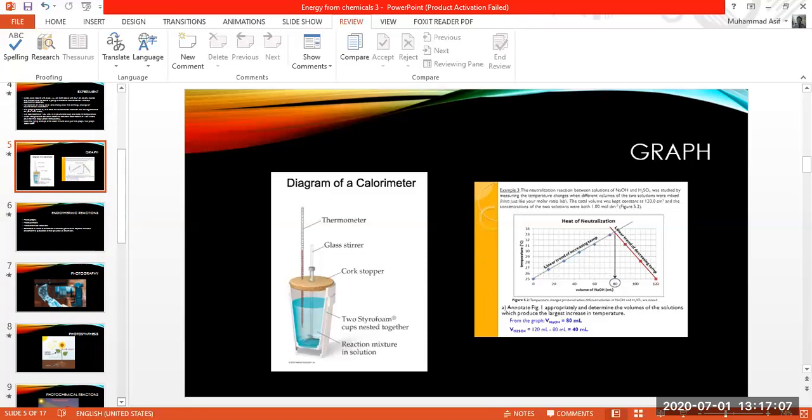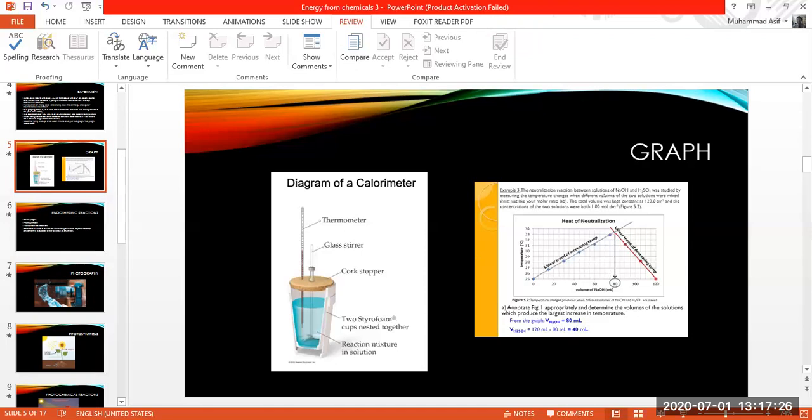This indicates that neutralization reaction is always exothermic. This is most important to remember: neutralization is always an exothermic reaction.